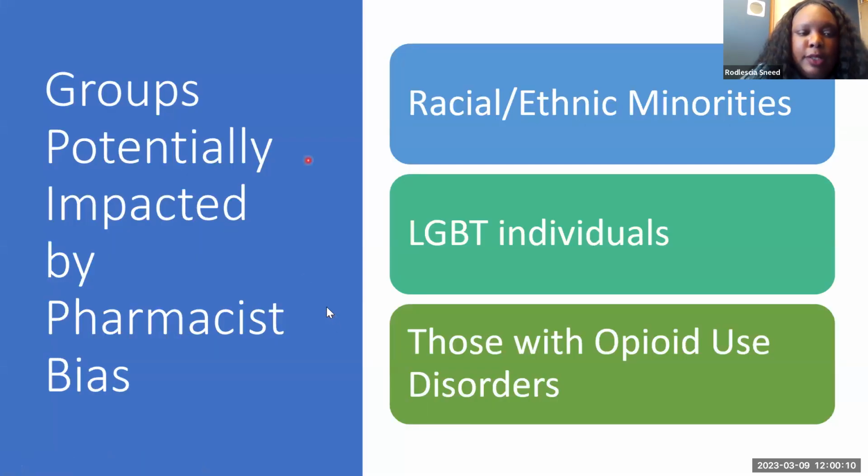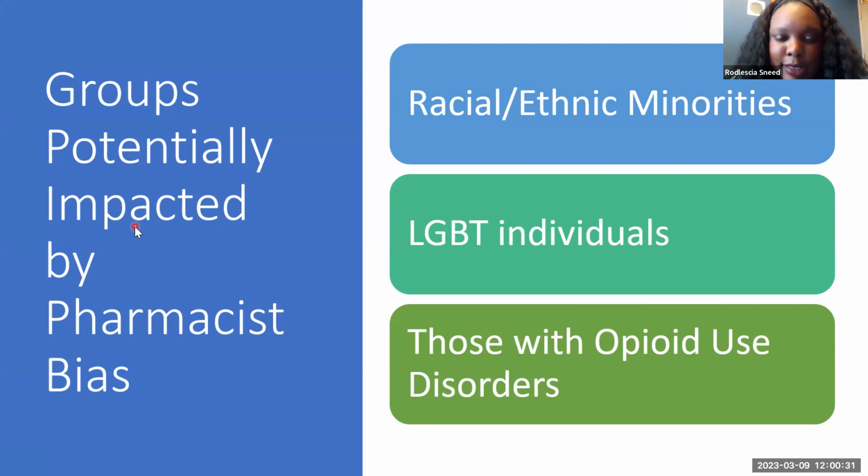And so when we think about groups that can be potentially impacted by bias from pharmacists, a number of groups come to mind. There have been studies looking at perceived discrimination from racial and ethnic minorities, also studies looking at LGBT individuals and how they feel about interacting with pharmacists.